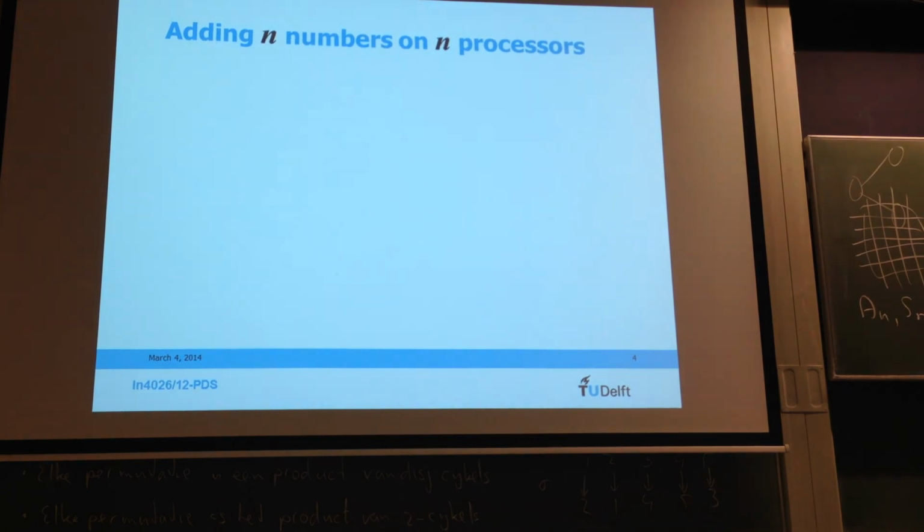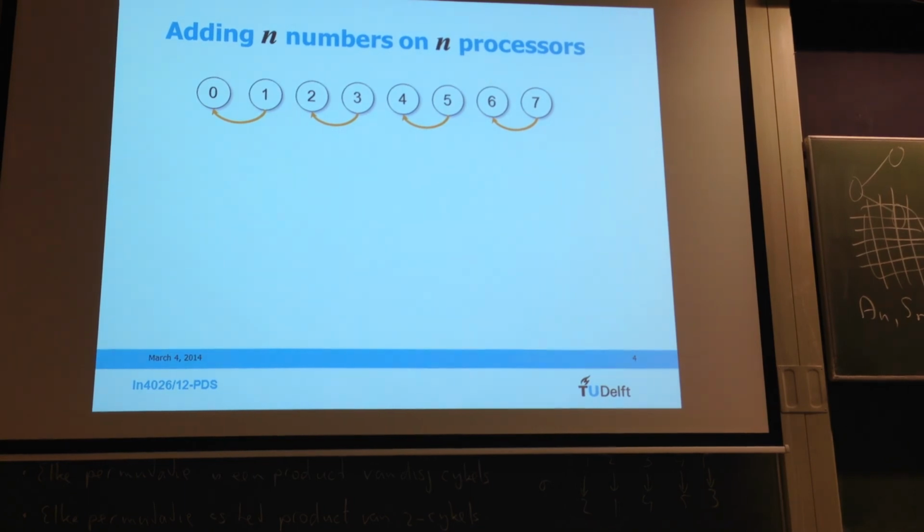Let's see if we can start with a very simple performance model of adding n numbers on n processors. I have n is 8 processors here, and each processor contains a number, and we're going to see what the time complexity of this operation is. Well, the most logical algorithm is that in the first step we do things pairwise.